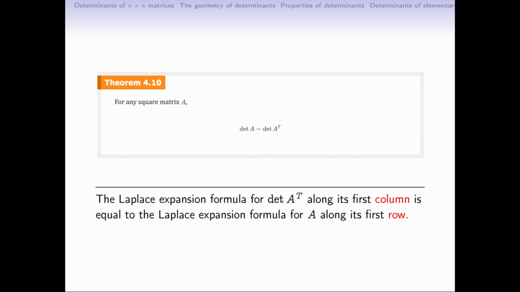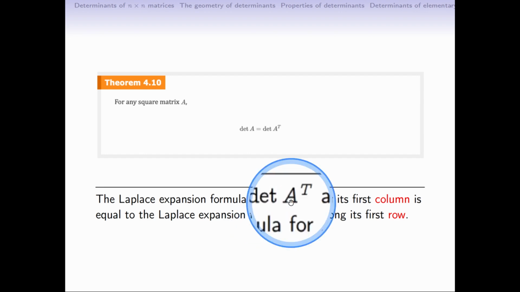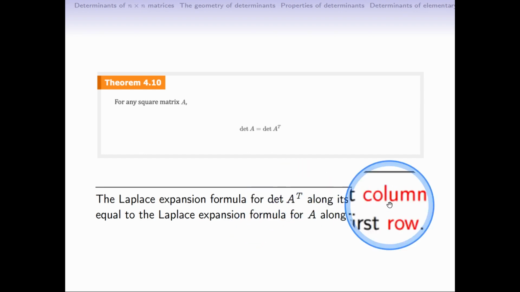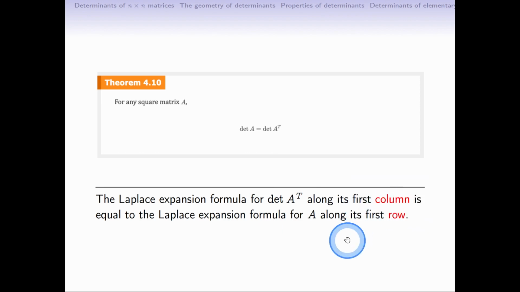The Laplace expansion formula for the determinant of A along its first column is equal to the Laplace expansion formula for A along its first row. So we can easily see the relationship between these two determinants by looking at the Laplace expansion formula for A transpose along its first column and for the matrix A along its first row.